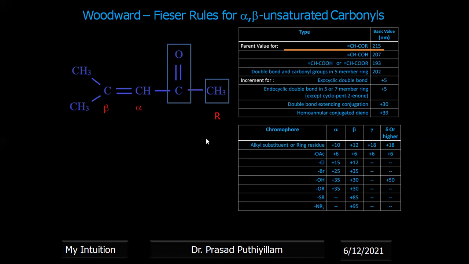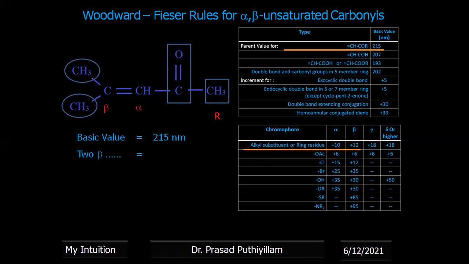Therefore the base value that you have to consider is 215 nanometer. Now there are substitutions: alkyl substituents present at the beta position. For the beta position, we need to add 12 as an increment. So with 2 beta alkyl substituents, 2 into 12 is 24. Now the total calculated value is 239 nanometer. So it is very easy for this compound.